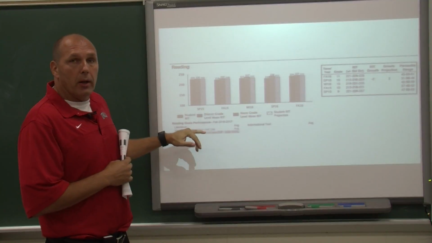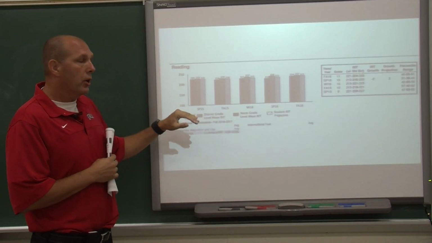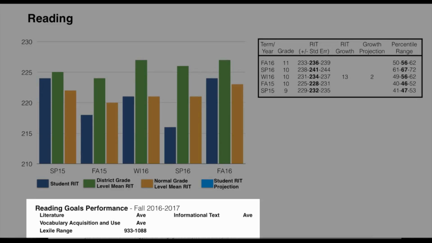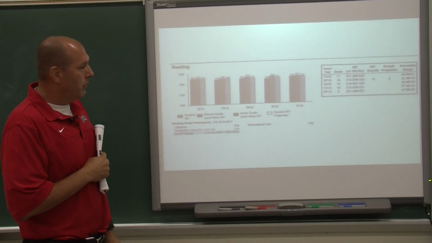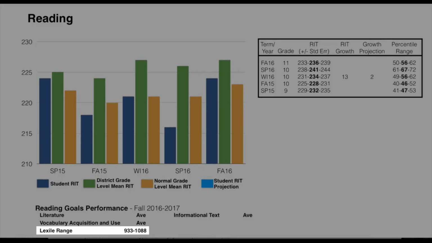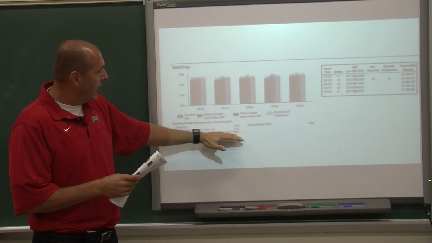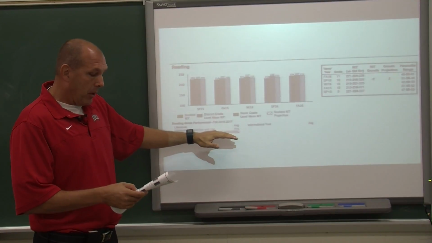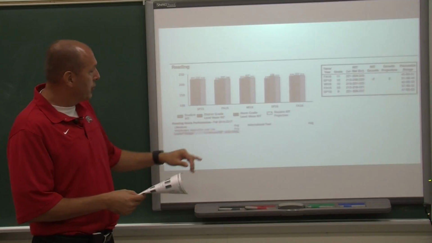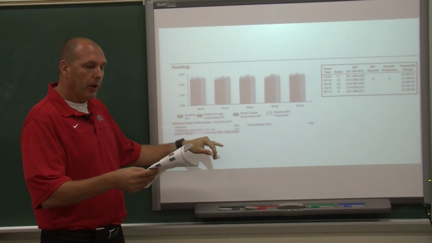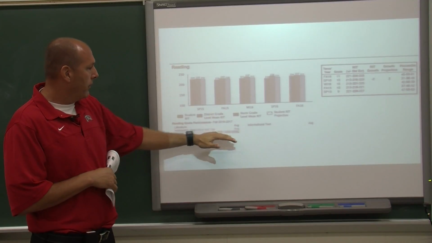The last thing I want to mention on the reading component is down here, again, you'll see where the student scores. There's just a ranking or a description of where the student falls, is this Lexile range. Many of you may or may not know what Lexile range means, but what this number does is it runs from 200 for a beginning reader up to 1600 for an advanced reader.